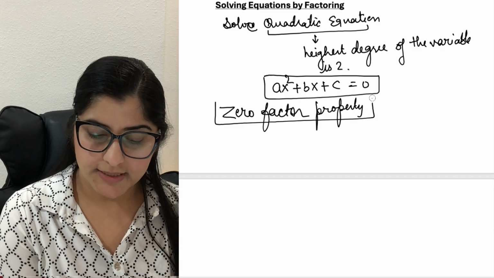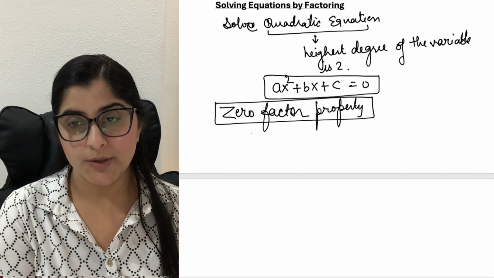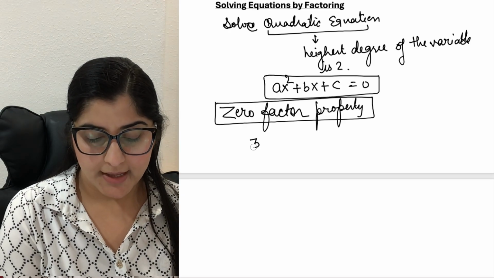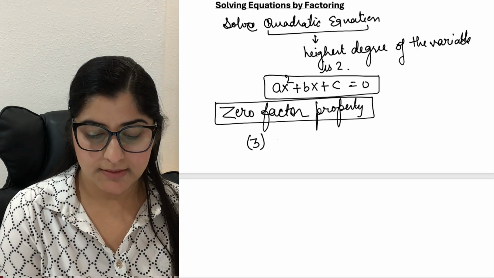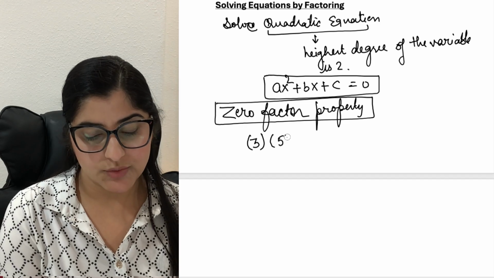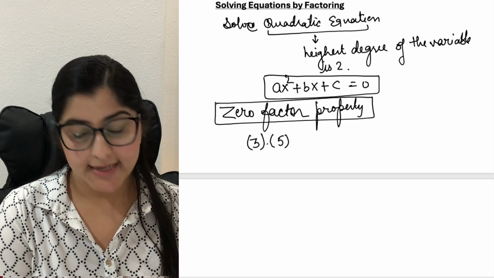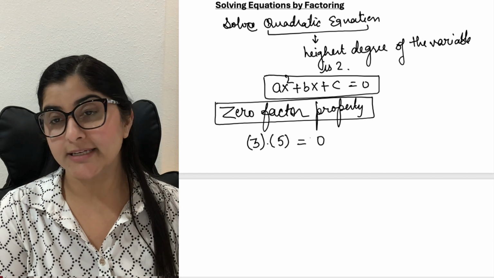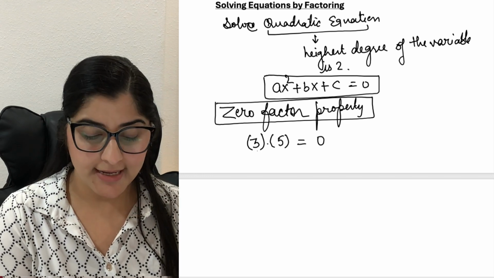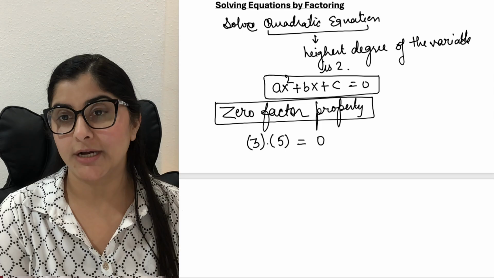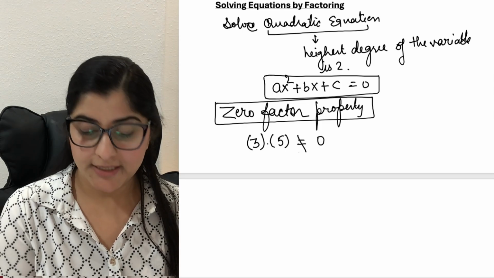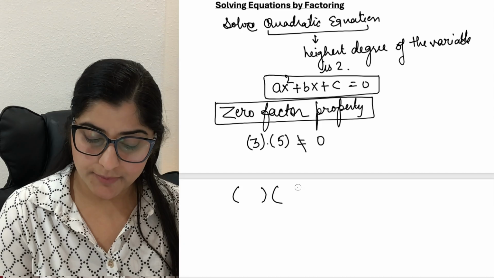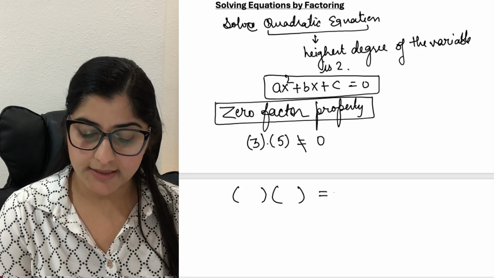Zero factor property. So first of all, suppose we have two factors 3 and 5 and I say the product of the two factors is 0, is it possible? 3 times 5 can be 0? Any two non-zero numbers' product can never be 0, right? So when can you say that the product of two factors is 0?